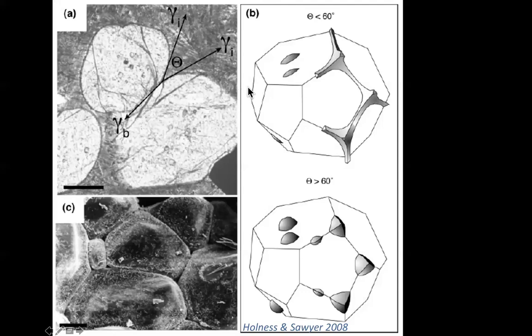Now, this image that I'm showing you is from the work of Marianne Holness. She's done just tremendous work thinking about cumulate mafic rocks, kind of like our Stillwater complex. She's done a lot of work thinking about how the last bits of melt accumulate and crystallize there.